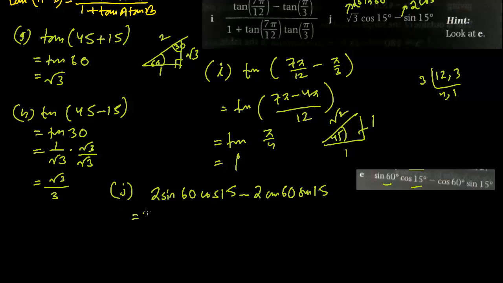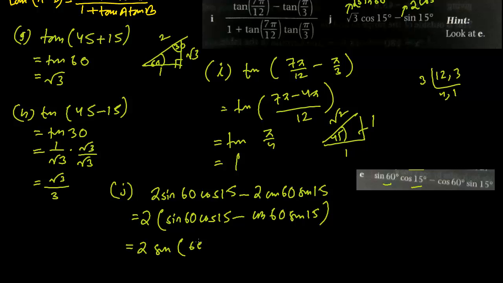If we take 2 common, it becomes sine cos minus cosine sine. Remember, sine A cos B minus cos A sine B is sine (A minus B). So this is going to be sine A is 60 minus B is 15. So this is going to be 2 sine 45.